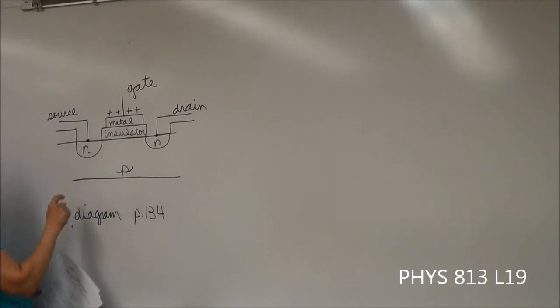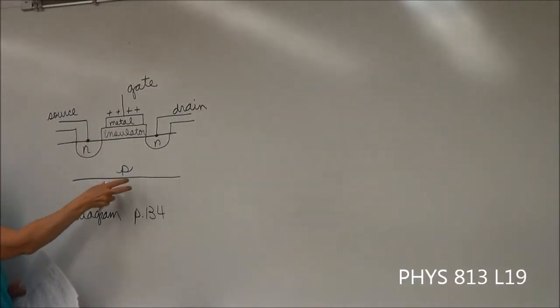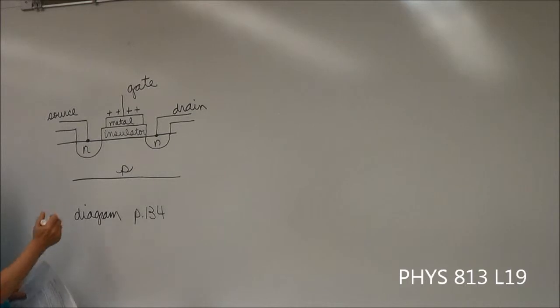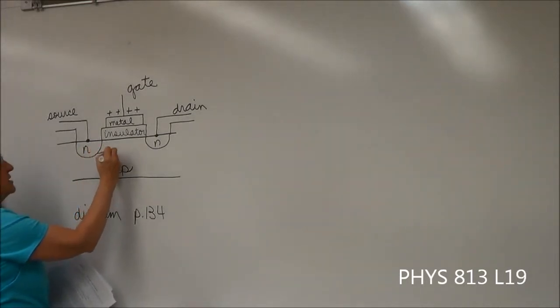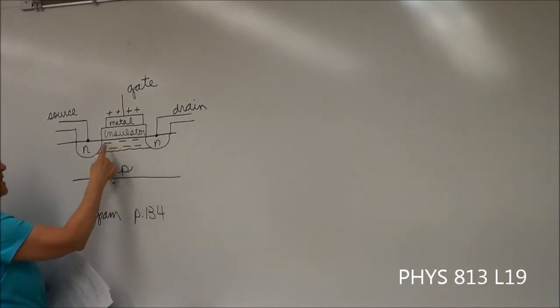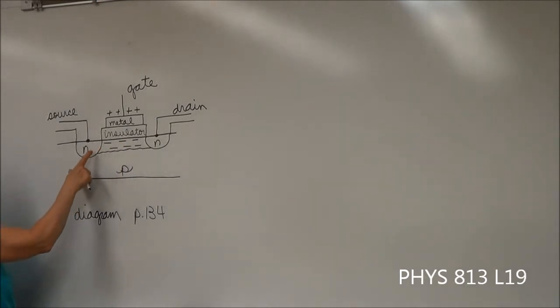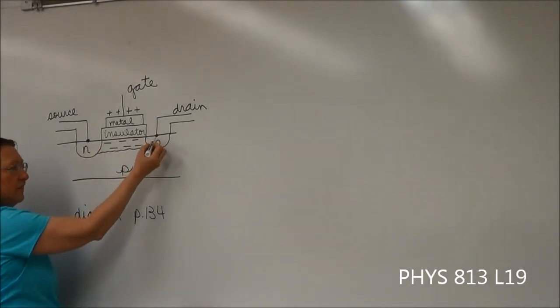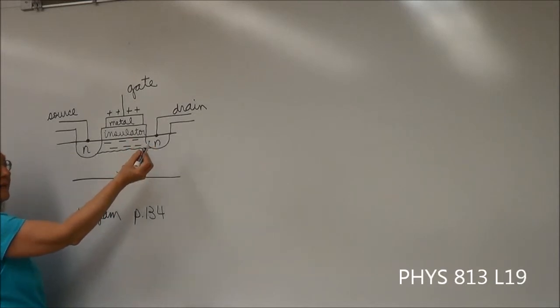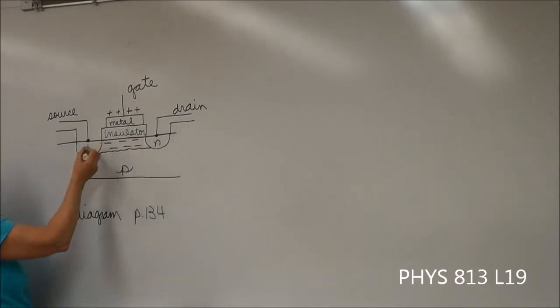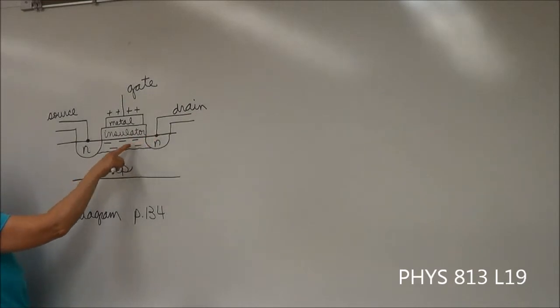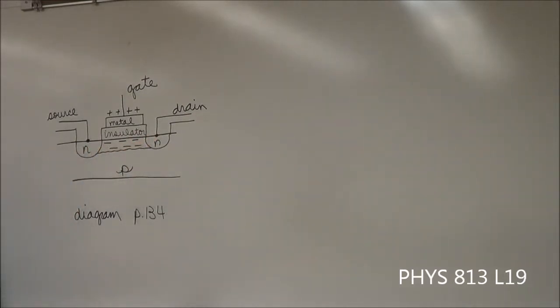Now they can't travel through the insulator, and that's the whole point, but they're attracted into that vicinity. So what happens is we get electrons collecting in this region. And when electrons collect in this region, and then we have the available electrons in the two N-type materials, then this becomes what's called a conducting channel. And then you can have current.